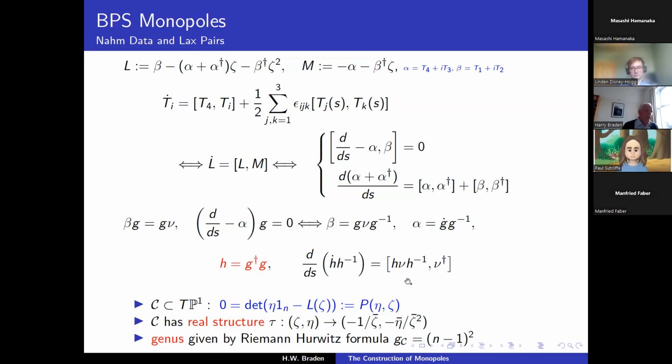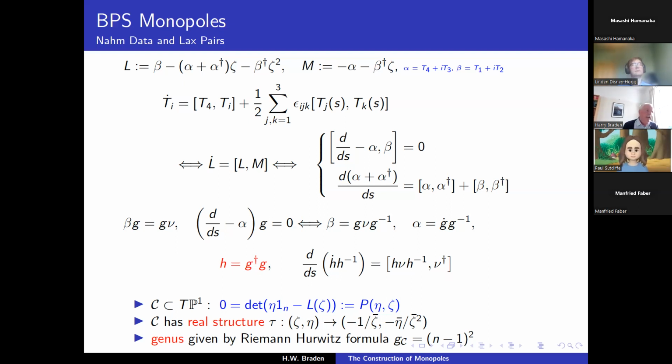Associated with a Lax pair is a spectral curve. I've used zeta here as a parameter. I'm going to have the curve in TP1, but I can't say that just yet. Eta and zeta are just complex variables. And throughout, I'm going to define my spectral curve in terms of a polynomial in eta and zeta.